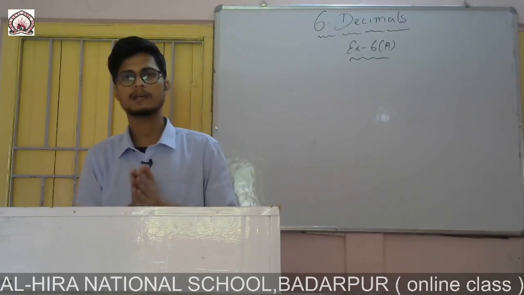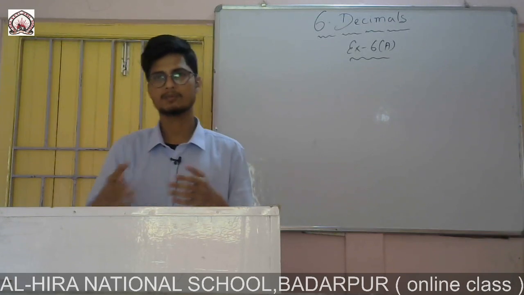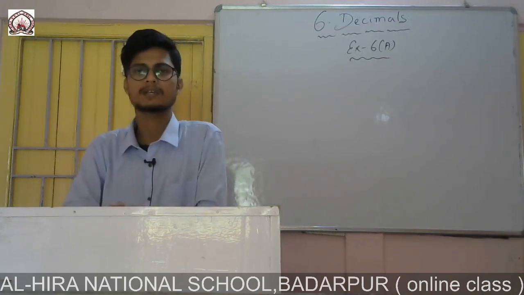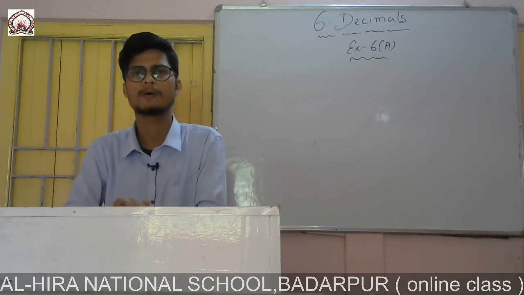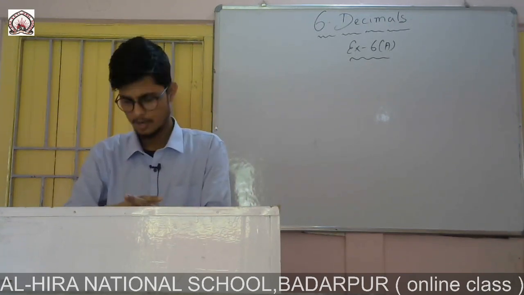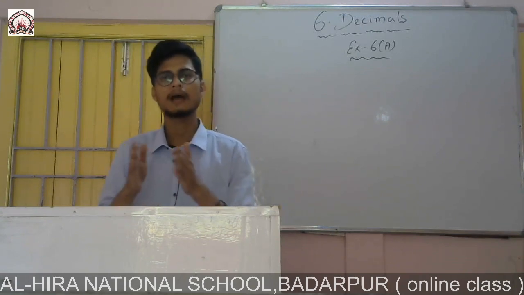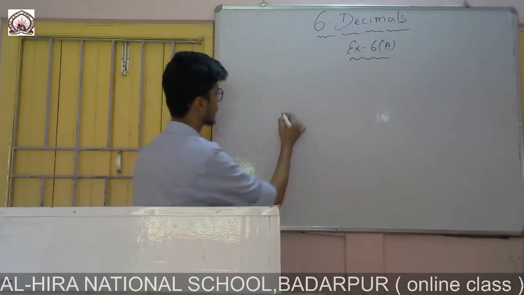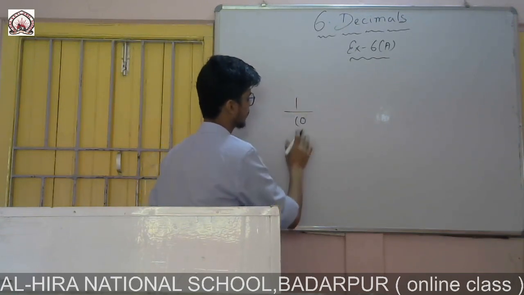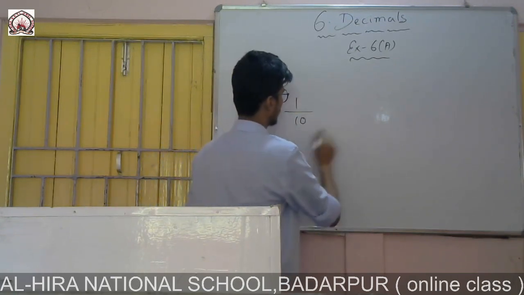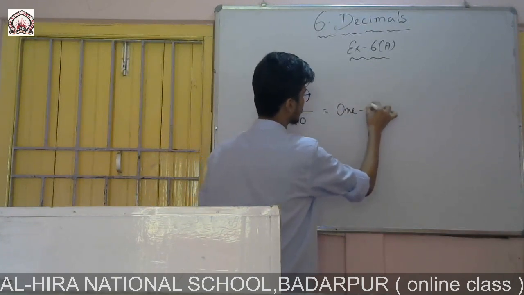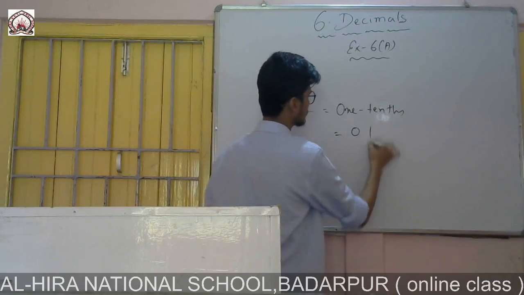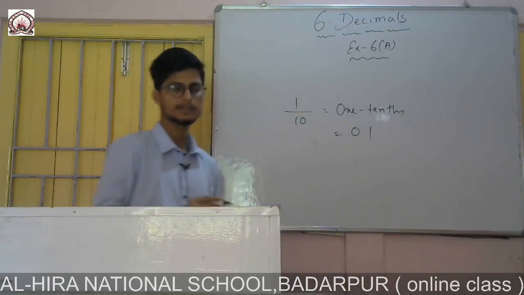In our earlier classes also we have come in contact with what is decimal. We have learned this thing. Let me explain once what is a decimal fraction. A decimal fraction is a fraction whose denominator is 10, 100, 1000, etc. We can write a decimal fraction as 1 by 10, and while reading we can read it as 1/10, tenths, which we can write as 0.1 also.